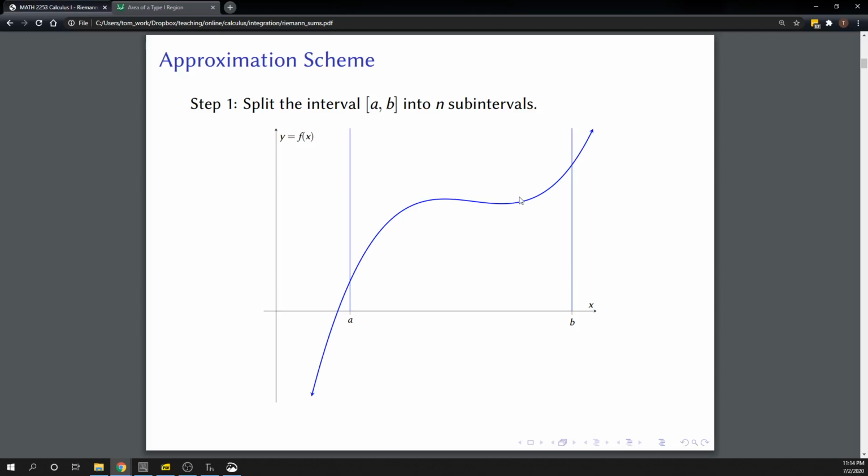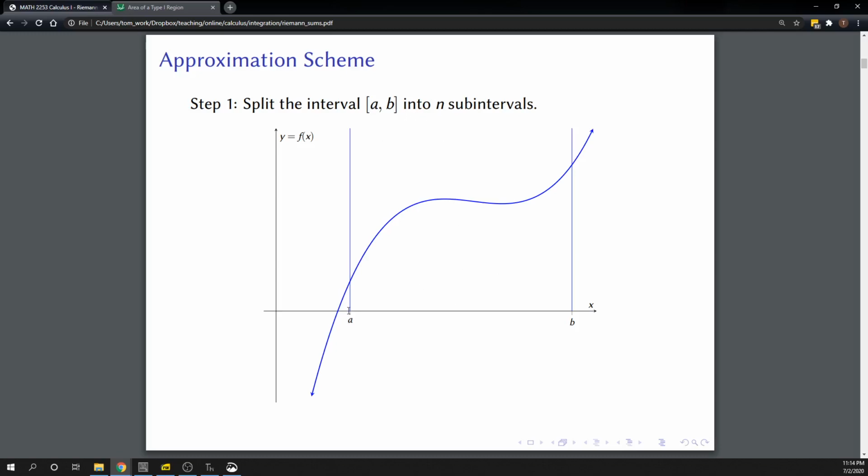So we're going to fit some number of rectangles in there, and I'm not going to specify how many, because that's what we generally want to get a formula for. Now in my diagram, I'm only going to use 3 rectangles because my drawing will get too crowded if I use any more than that.